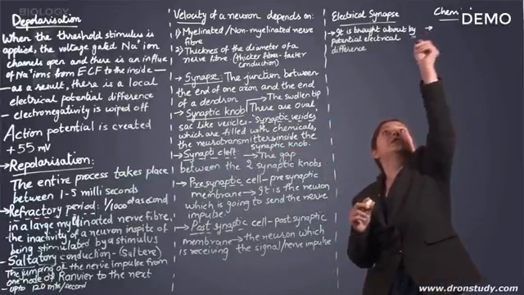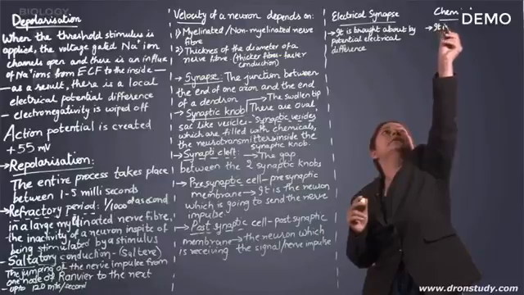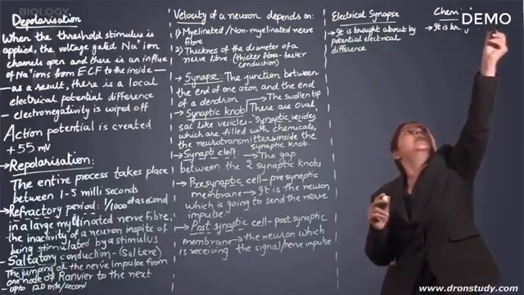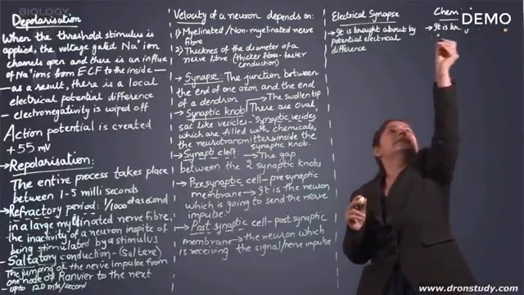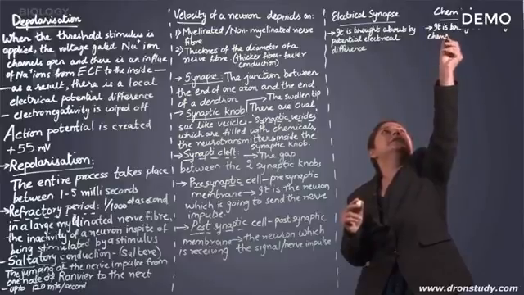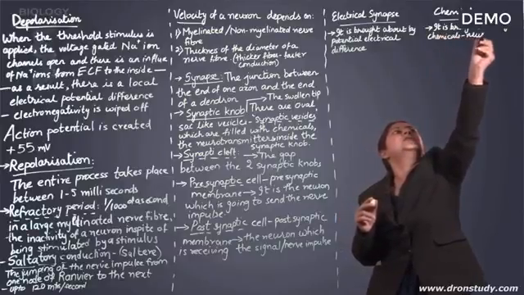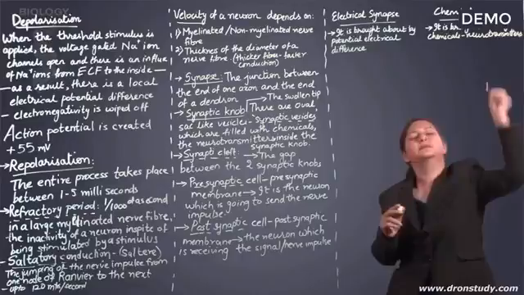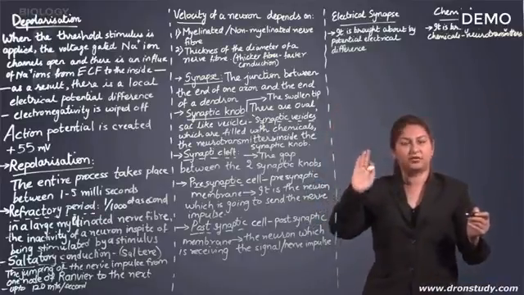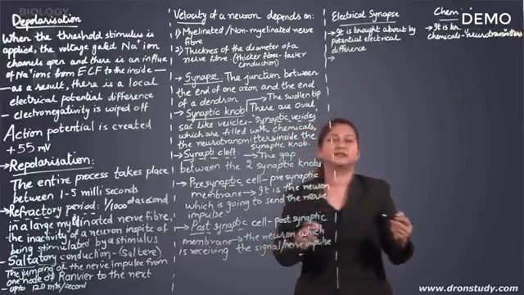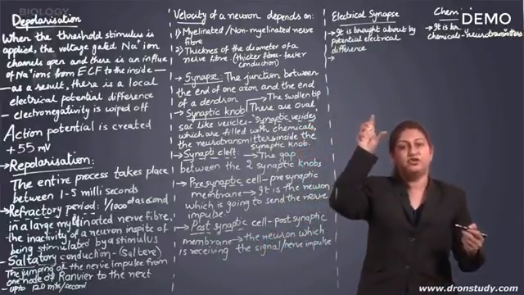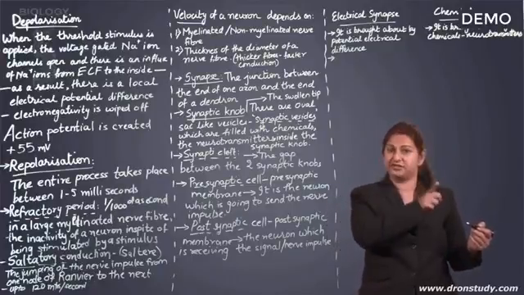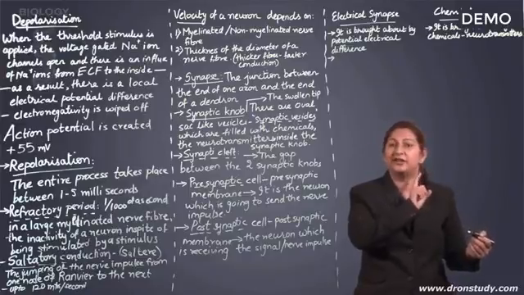Here it is brought about by chemicals which work as neurotransmitters. So that is the first point of difference. The second point of difference is that the synaptic knob here is not clearly seen, whereas in the chemical synapse we just saw that the synaptic knob was very, very clear.